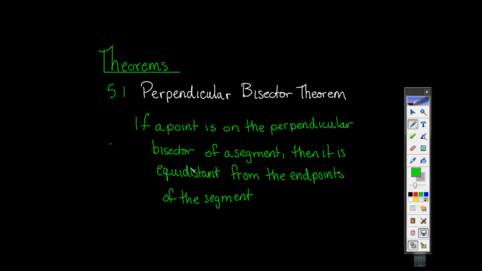So what that looks like: we have a segment, and it has endpoints A and B. And I take a perpendicular bisector, and I take some point on that bisector. I'll call that point C.